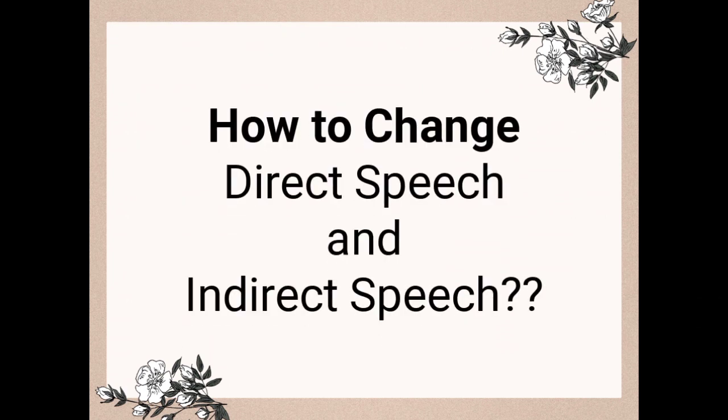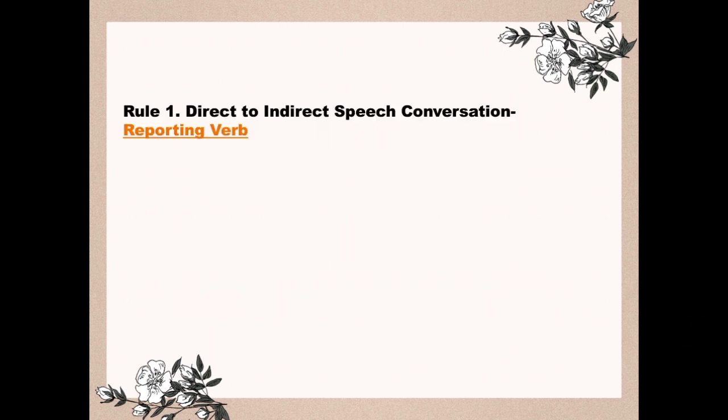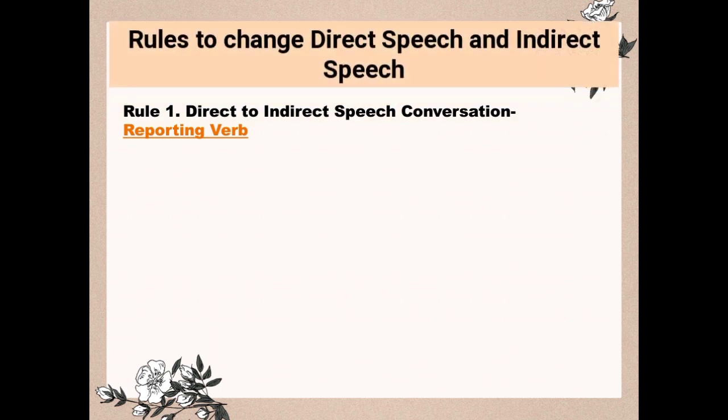Now that we discussed direct speech and indirect speech, how do we change the direct speech to indirect speech? Okay, so rule number 1. Direct to indirect speech conversion, the reporting verb. When the reporting verb of direct speech is in past tense, then all the present tenses are changed to the corresponding past tense in indirect speech.